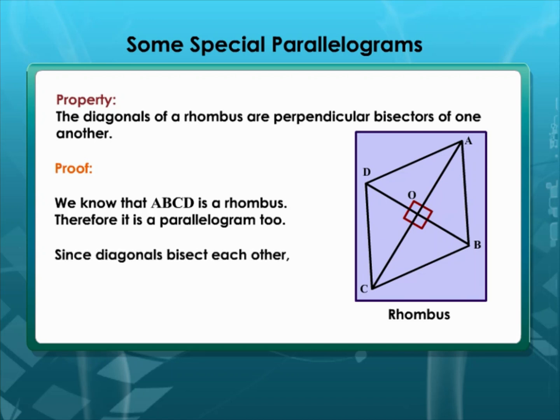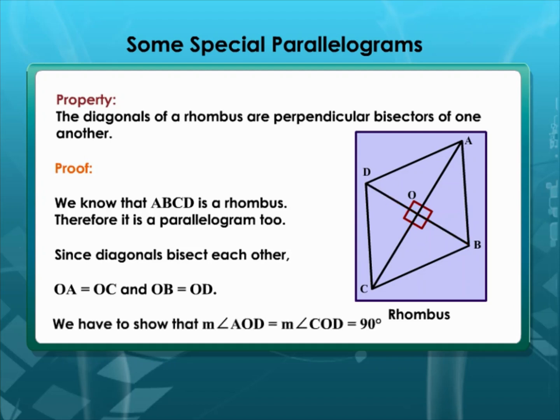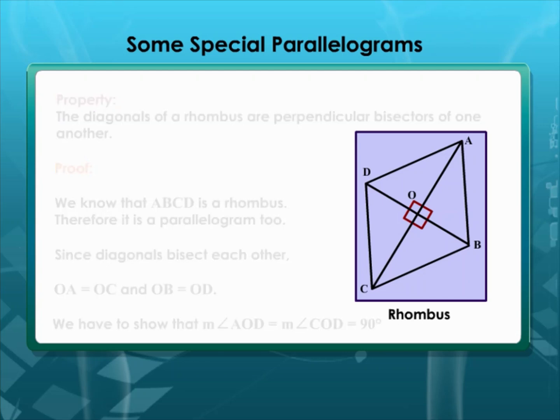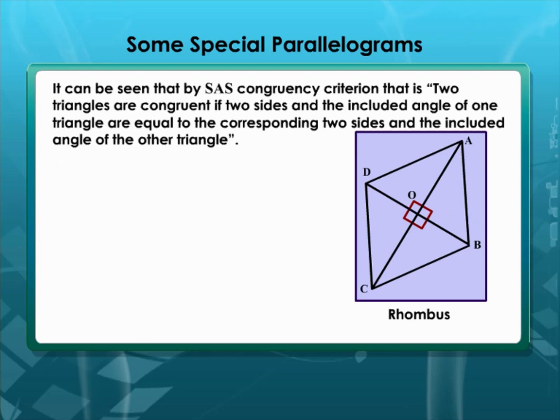Since diagonals bisect each other, OA is equal to OC and OB is equal to OD. We have to show that the measure of angle AOD is equal to the measure of angle COD, which is equal to 90 degrees. It can be seen by the SAS congruency criterion, that is, two triangles are congruent if two sides and the included angle of one triangle are equal to the corresponding two sides and the included angle of the other triangle.